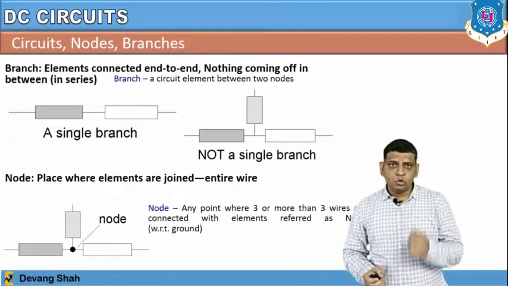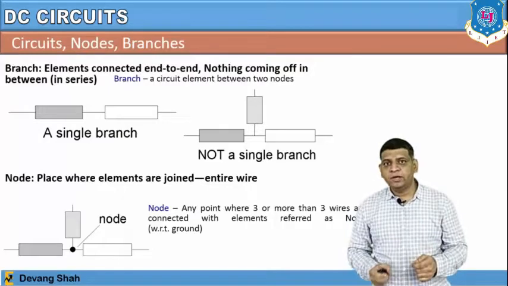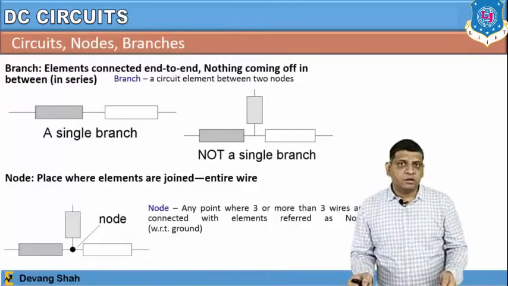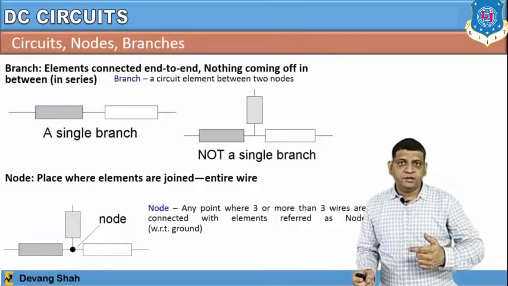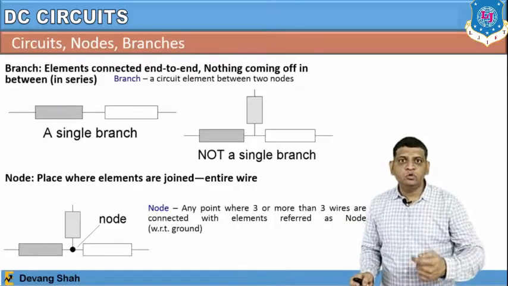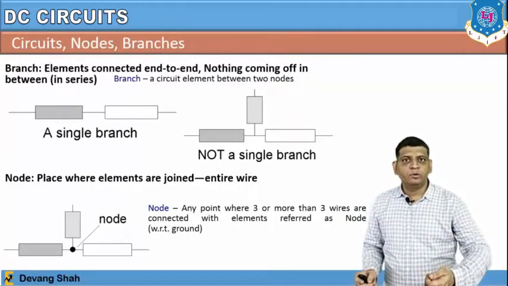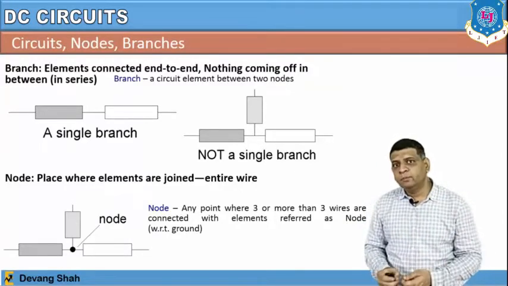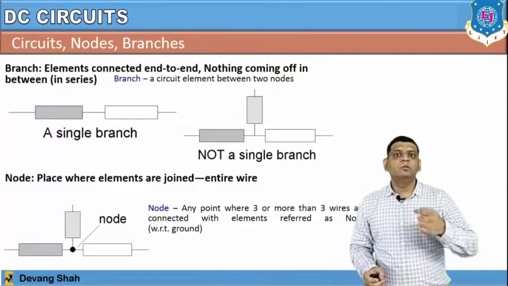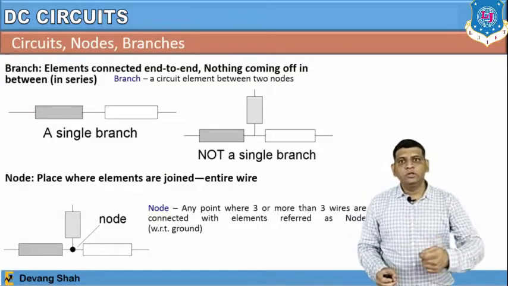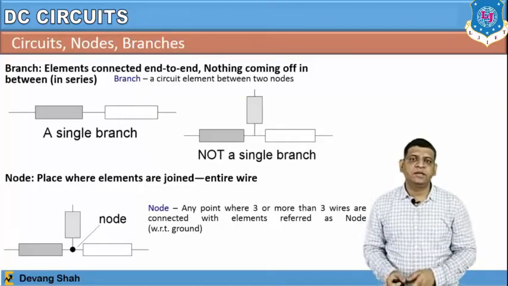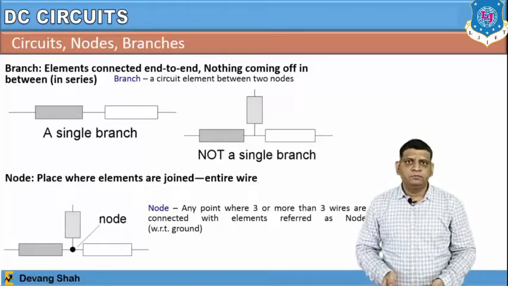This is a very important terminology. Why? Because many students make a mistake and give the definition as two or more wires or components connected at a single point, which is completely wrong. Three or more components or three or more wires connected together is referred to as a node, right?